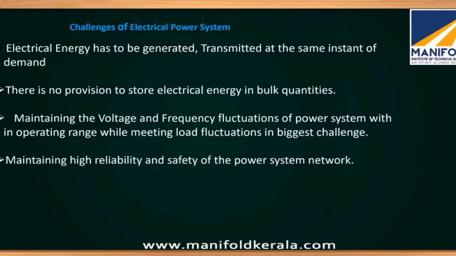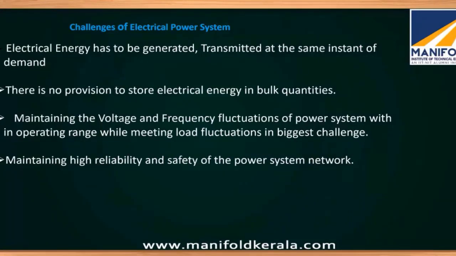And what are the other challenges? In our power system network, all our transmission lines, transmission towers, and insulators, most of the transmission and distribution happens overhead in most countries. Only at very congested locations, due to safety concerns, we go for underground distribution. There is no underground transmission, gentlemen.